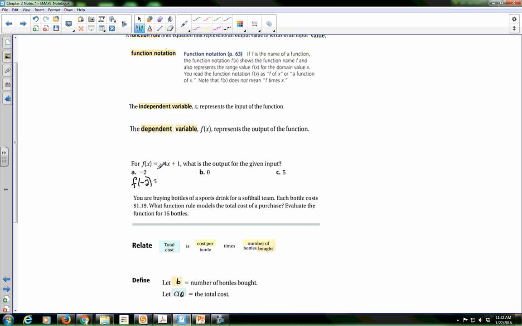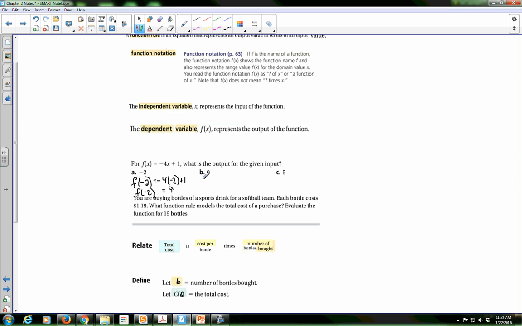My recommendation is anytime you are inputting into a function that you replace it including the parentheses. So I'm going to go negative 4 parenthesis negative 2 close parenthesis plus 1. So what I'm doing is I'm actually applying the function to my input. So I'm going to take my negative 2, I'm going to multiply it by negative 4 to get 8, and 8 plus 1 is 9. So f of negative 2 equals 9.